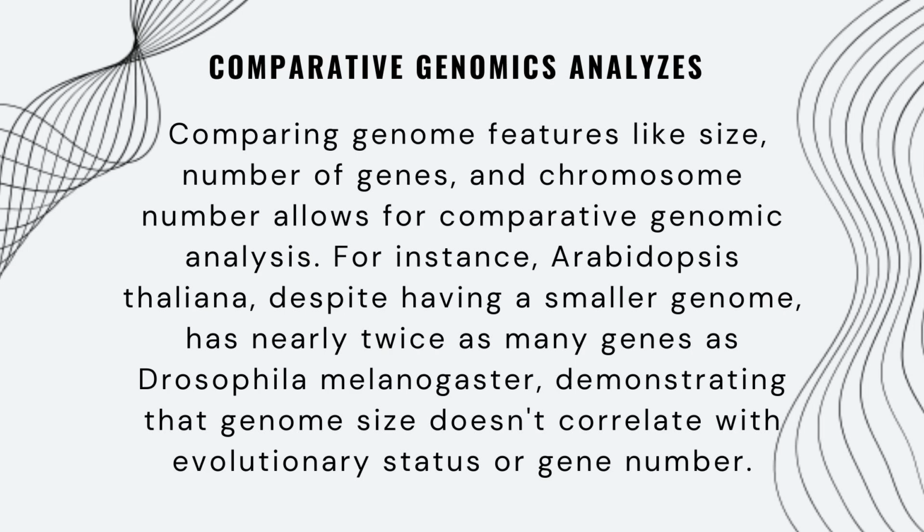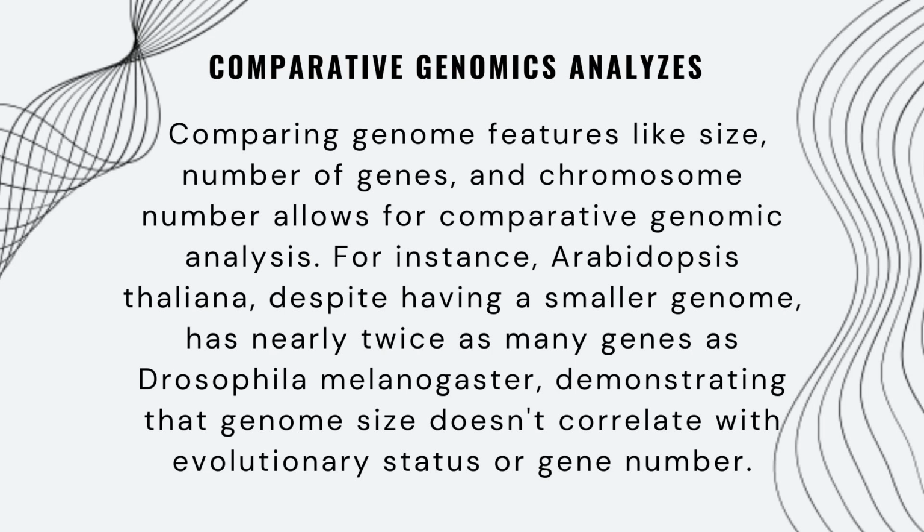Comparing genome features like size, number of genes, and chromosome numbers allows for comparative genomic analysis. For instance, Arabidopsis thaliana, despite having a small genome, has nearly twice as many genes as Drosophila melanogaster, demonstrating that genome size doesn't correlate with evolutionary status or gene number.